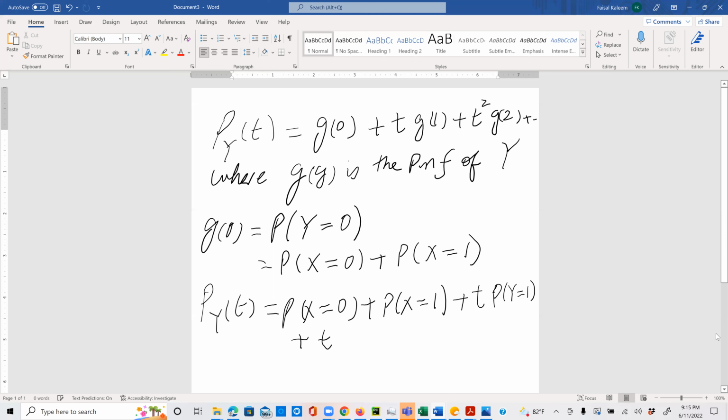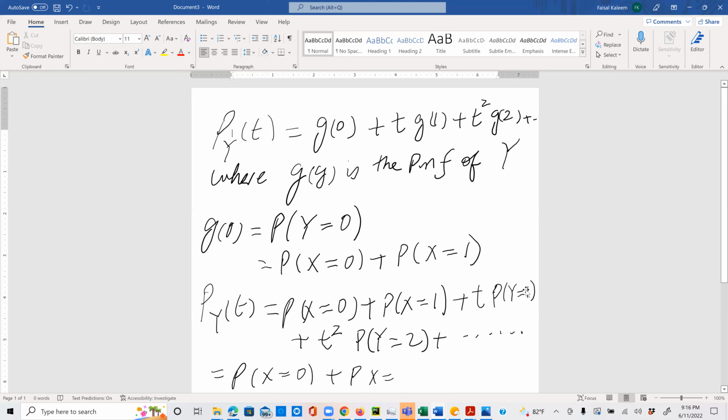Plus t squared g of 2, and g of 2 is the probability Y is equal to 2. And so on. And now this would be the probability X is equal to 0 plus the probability X is equal to 1. So now we want to change everything into X because we have the probability generating function of X. Right now these two are already in X.